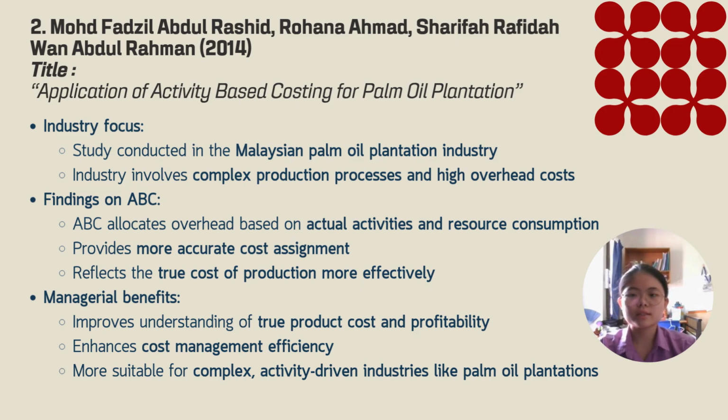The researcher states that ABC provides more accurate overhead allocation because costs are assigned according to actual activity and the resources used. This helps companies to obtain a clear understanding of actual production costs, profitability, and operational efficiency. Therefore, ABC improves cost management and helps palm oil companies make better financial and operational decisions.